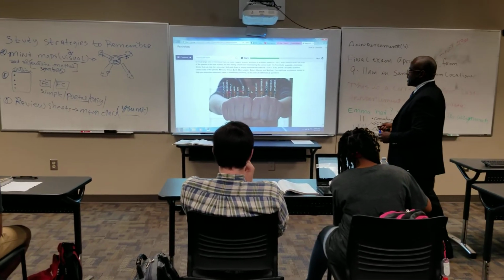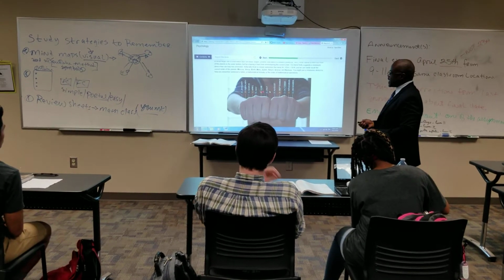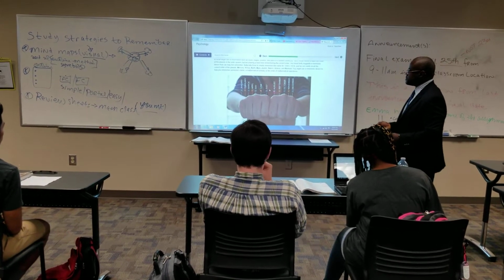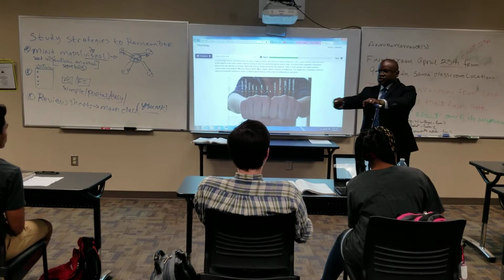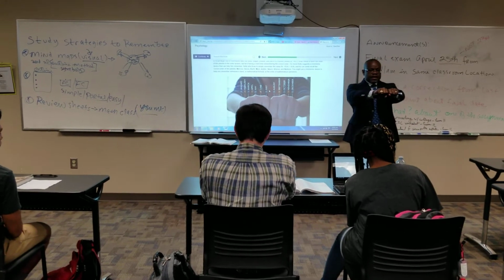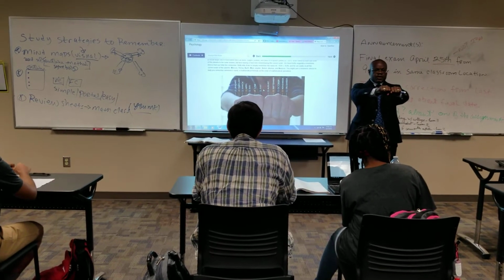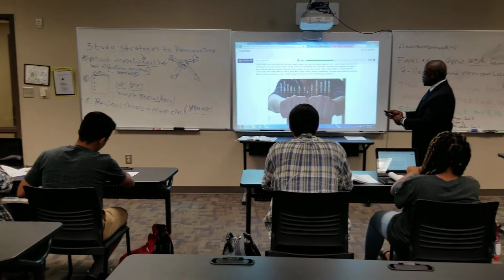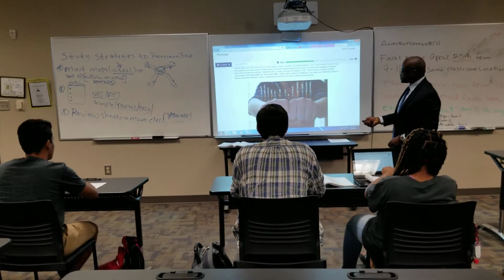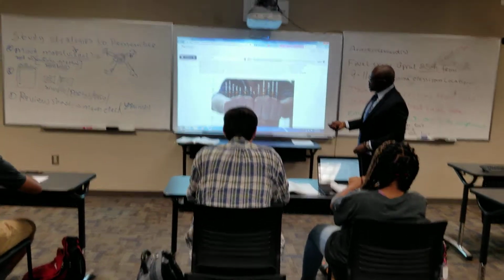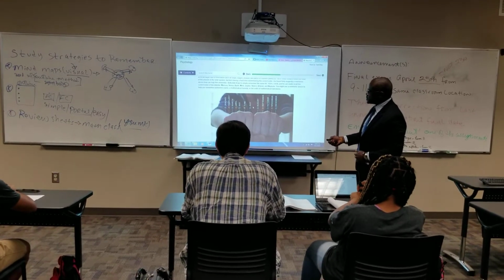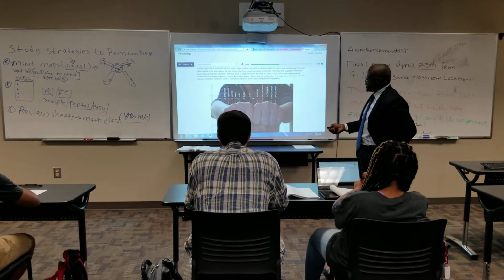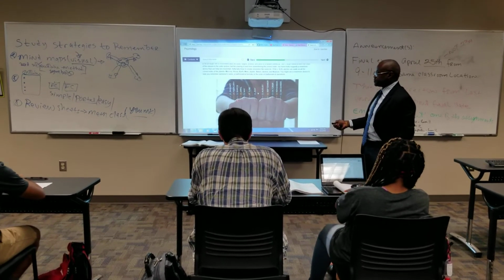Right. So one way to remember the months and how many days are in each month is to use this mnemonic device by putting together your hands. Let's all do that for a moment. You put together your fists, and as you can see by this illustration, the months that have 31 days fall on your knuckles.